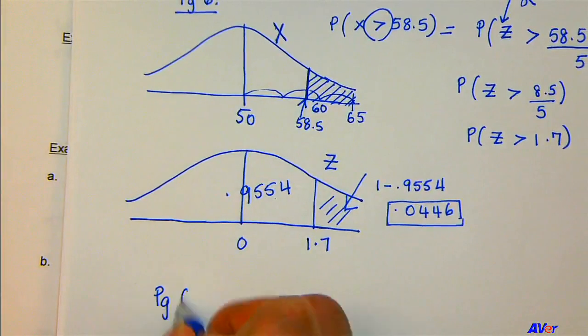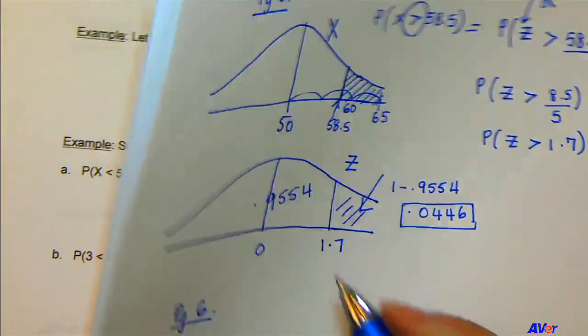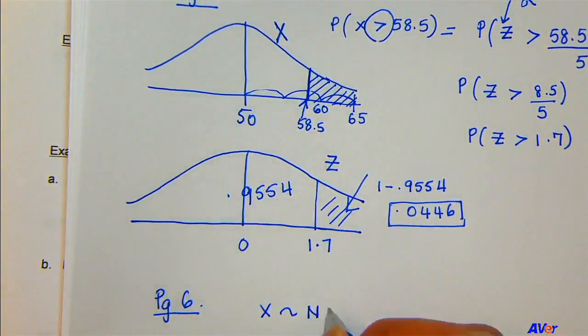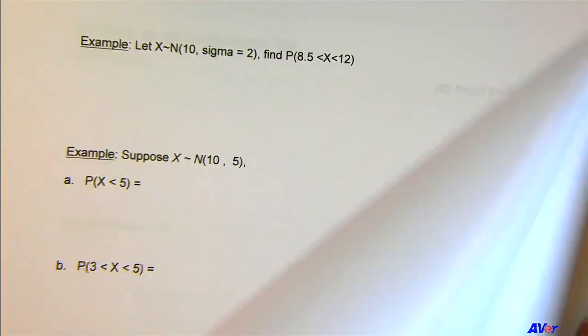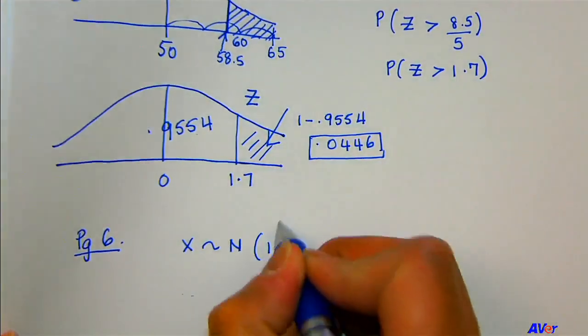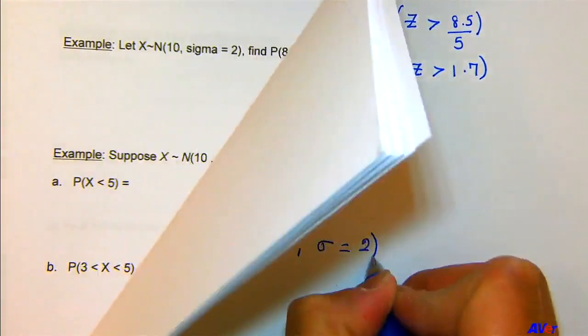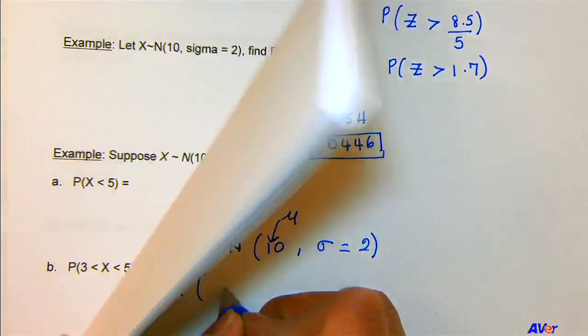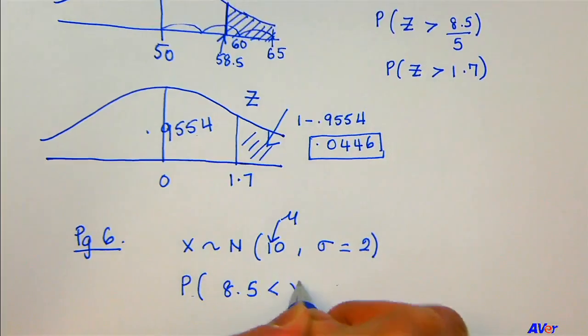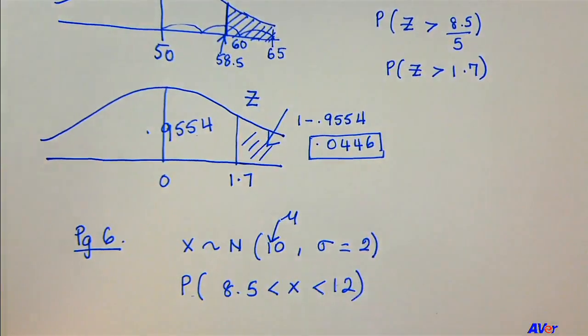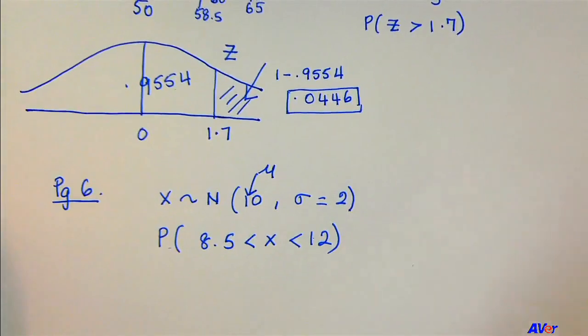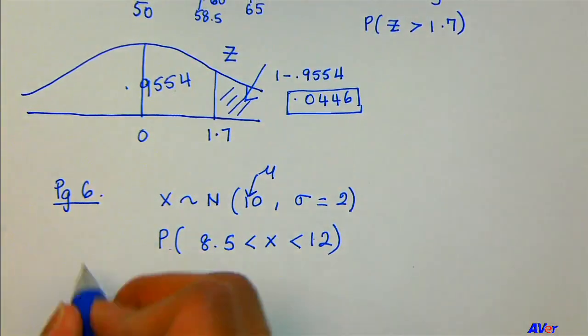Page 6 again. Second example. Let x be normal with mean 10 and sigma equals 2. Find the probability that 8.5 is less than x is less than 12. Same thing. Let's convert them both to z's.